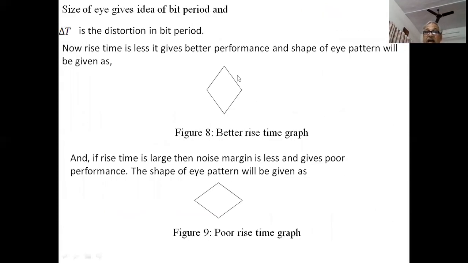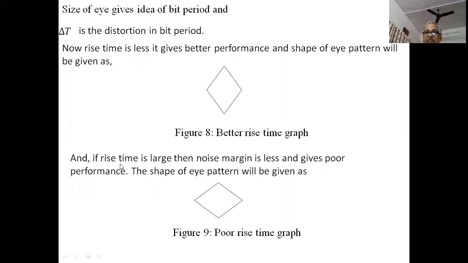The size of the eye gives an idea of the bit period, and delta T is the distortion in the bit period. Now, if rise time is less, it gives better performance, and the shape of the eye pattern will be like this. Here, the angle is greater, so sensitivity is large.